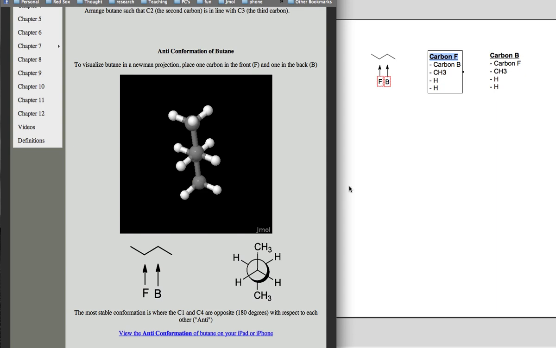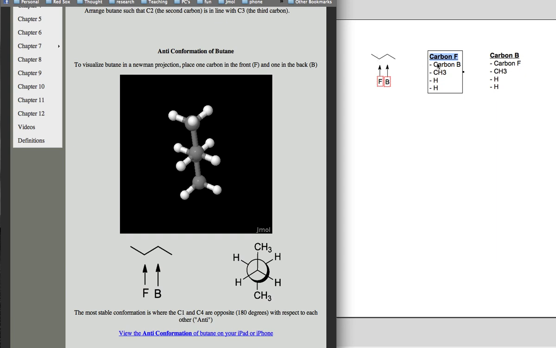In order to compose a Newman structure from a 2D only structure, what you want to do is define the front carbon and define the back carbon. Then simply list those substituents that are attached to the front carbon.